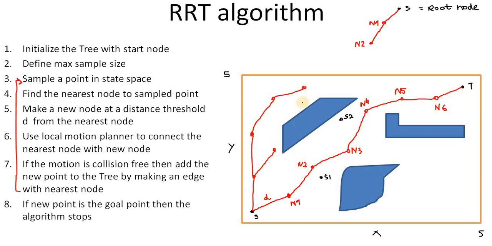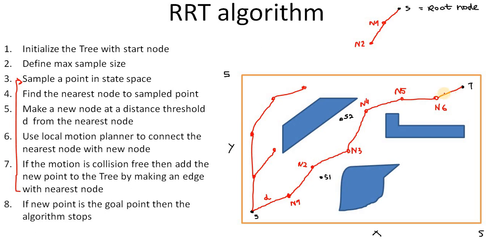So sampling points and your nodes can be in any direction, and you have to repeat the basic steps. You have to sample, find the nearest node, and then make a new node at a distance d, and connect this node to your nearest node in your tree. So that's how you make a tree here. And once you reach your target point, the algorithm stops sampling new nodes.